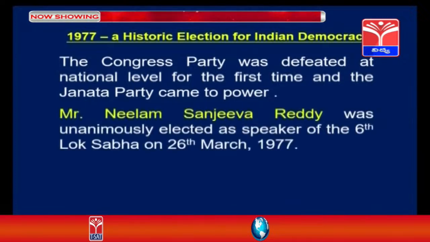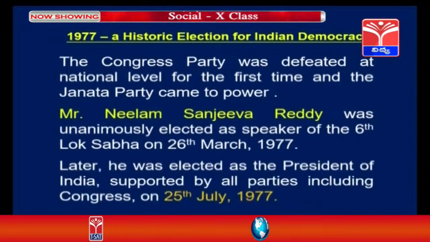Mr. Reddy was unanimously, that means everyone agreed, elected as the Speaker of the 6th Lok Sabha on 26th March 1977. And later he was elected as the President of India, supported by all parties including Congress, on 25th July 1977.